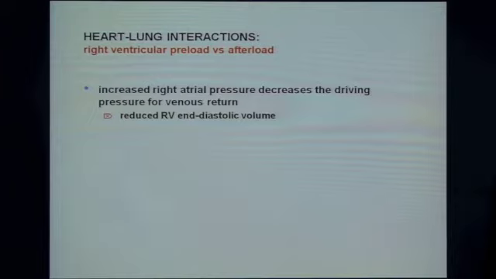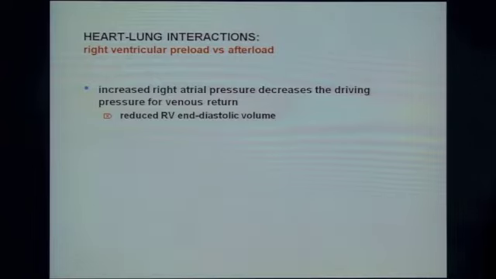The easy explanation for heart-lung interactions is to focus on the preload, because when you increase the intrathoracic pressures, you are decreasing the preload of the right ventricle and also that of the left ventricle. But let's look at the afterload.